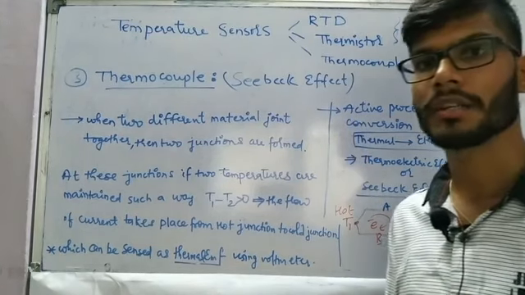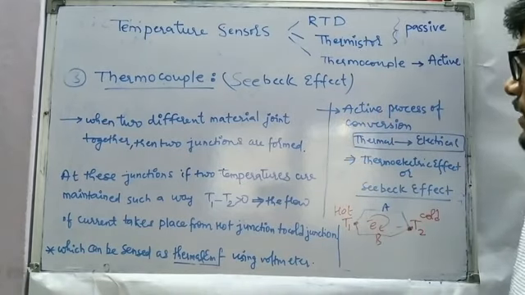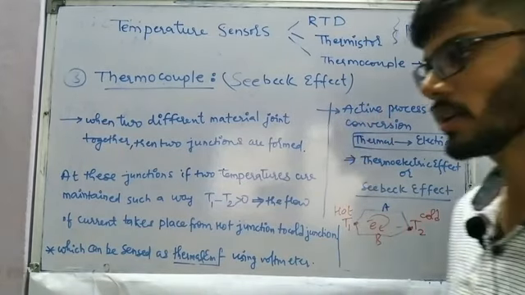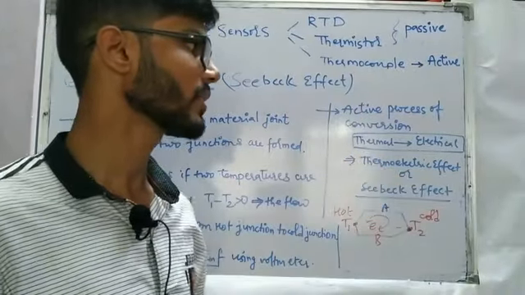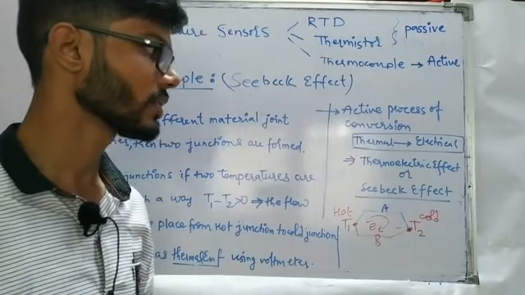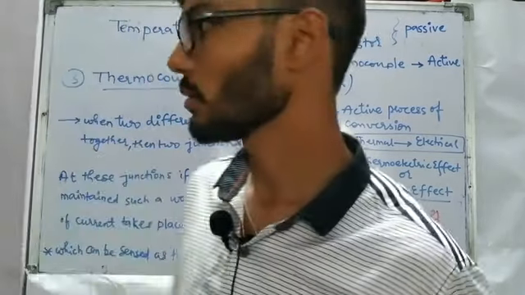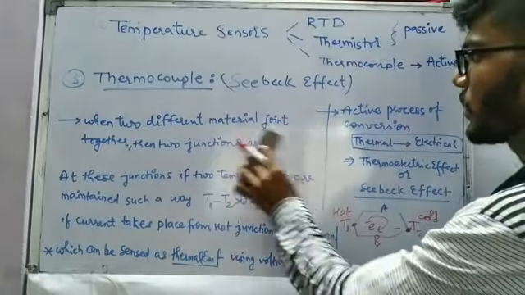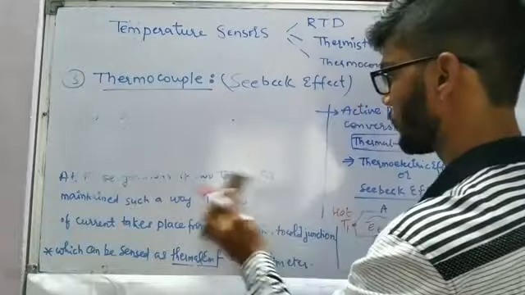And using a voltmeter, we will be able to sense how much voltage difference is being generated. So this is an active process of conversion where thermal effect is converted into electrical output. This is also known as thermoelectric effect or Seebeck effect. So now we'll have a look at its circuit diagram, which we are actually going to make use of.